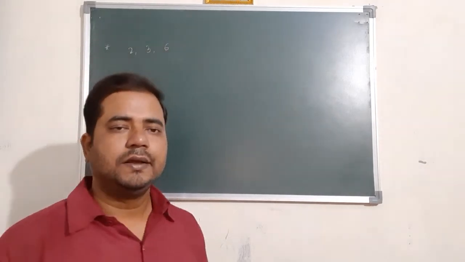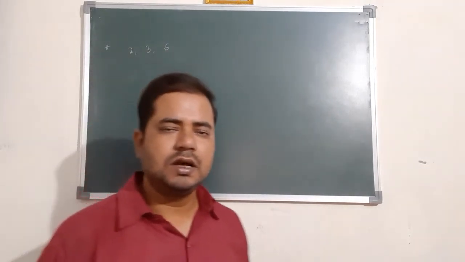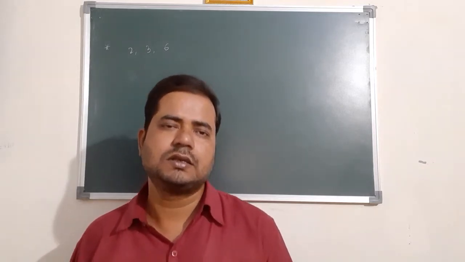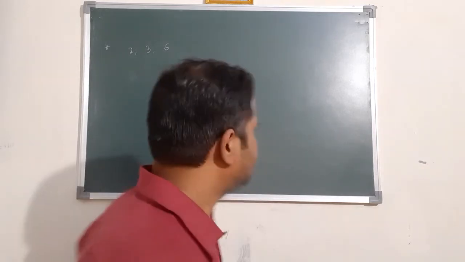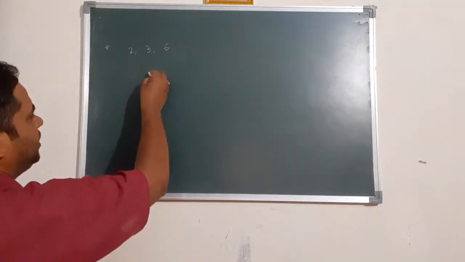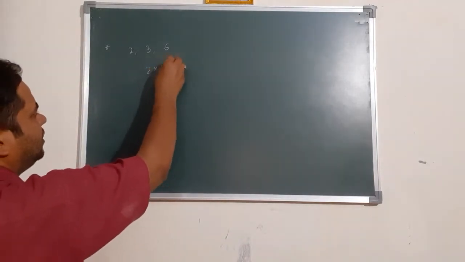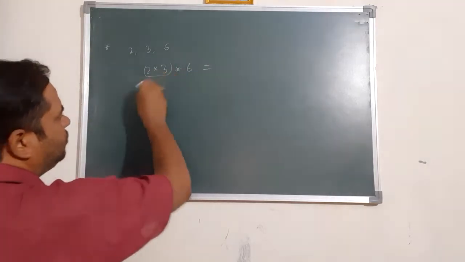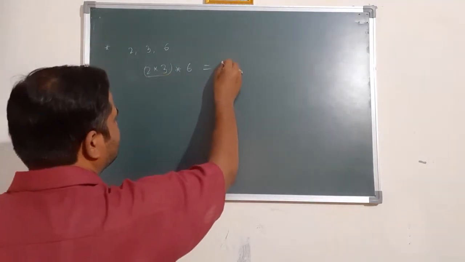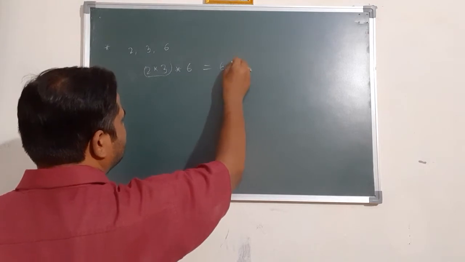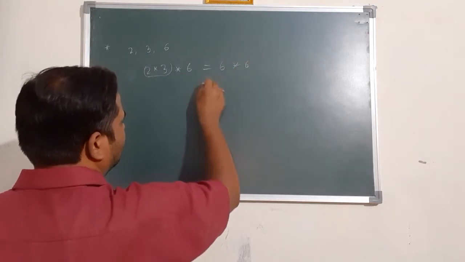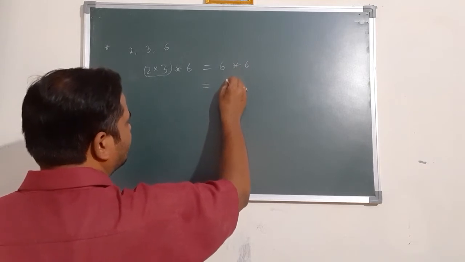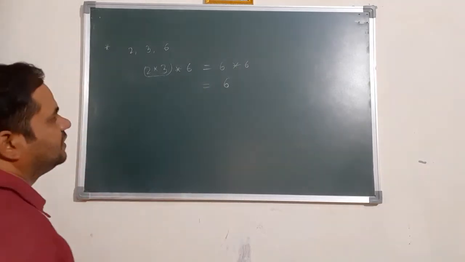Is this binary operation associative? Your answer is yes, it is associative. Why? Because if you take 2, 3, 6, then (2 star 3) star 6: the LCM of 2 and 3 is 6, and then 6 star 6, the LCM of 6 and 6, is simply 6.